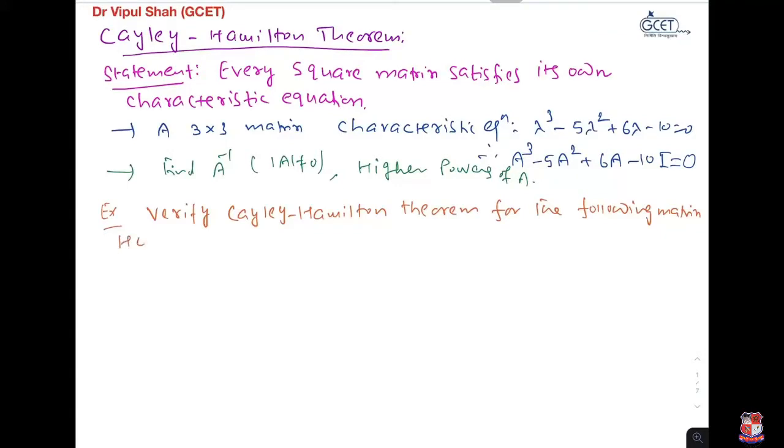Hence, find A inverse and A power 4. So here A is given like this: 2 minus 1 1, minus 1 2 minus 1, 1 minus 1 2.